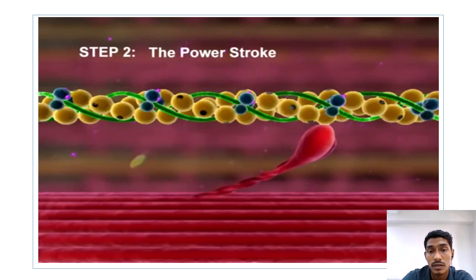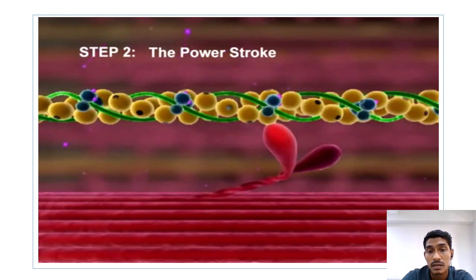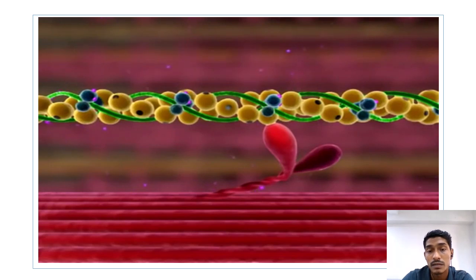Now this was our ATP that is removed, and after the ATP is removed, the myosin head was free, and now it attached and strokes. You can see that myosin did not move from its position, only the actin is moved.